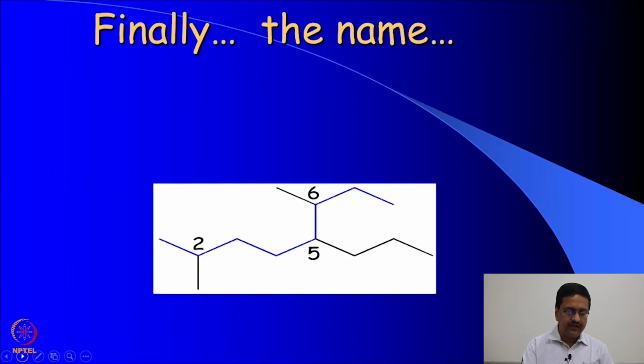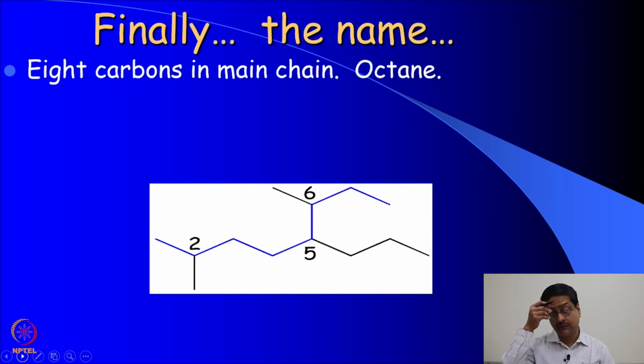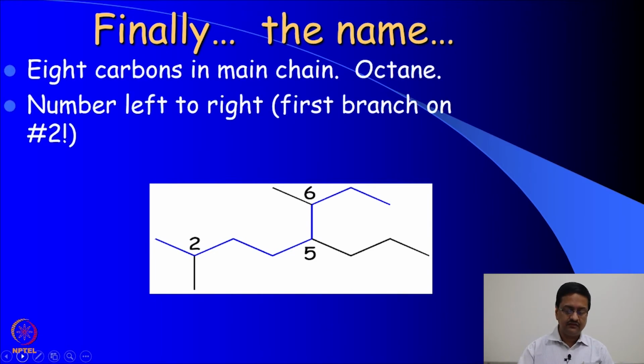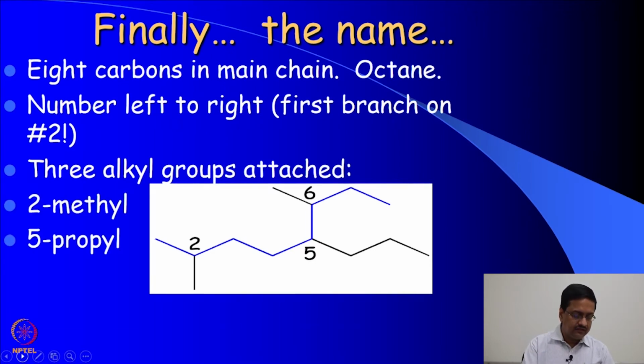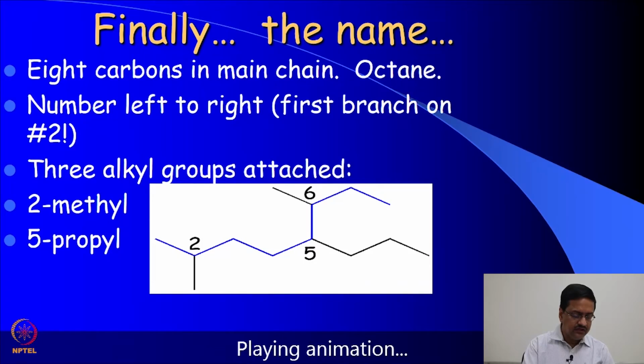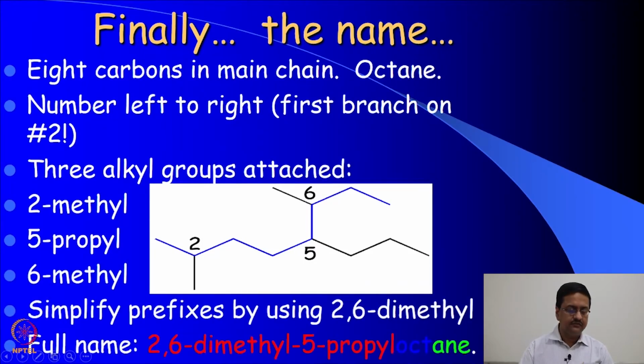When we try to write the name, we should write the atom numbers starting from left to the right, and then try to write down the name of the molecule using the appropriate prefixes. Those are the substitutions that you have on the main chain.